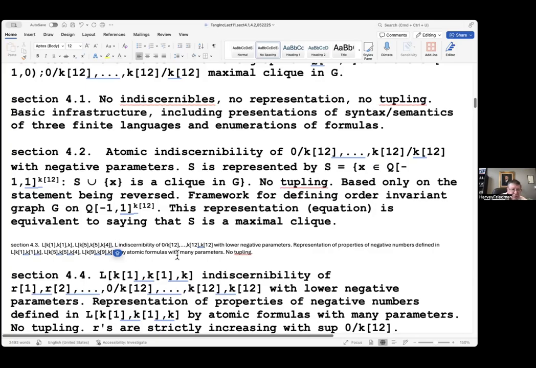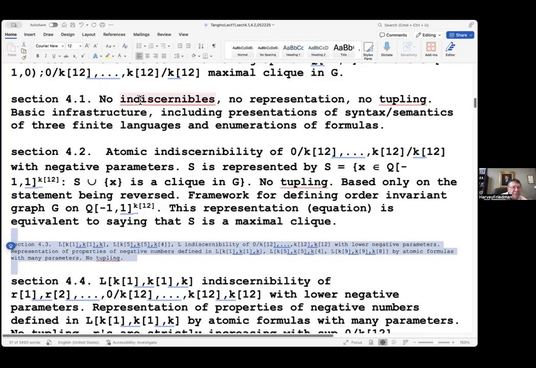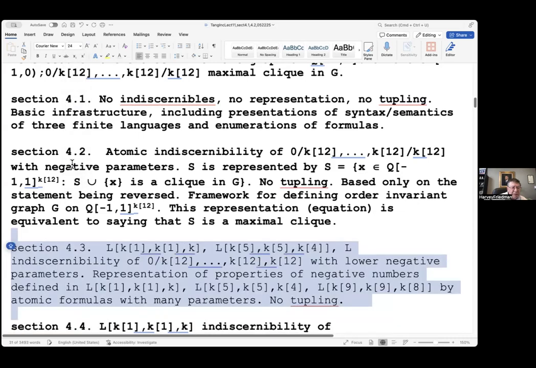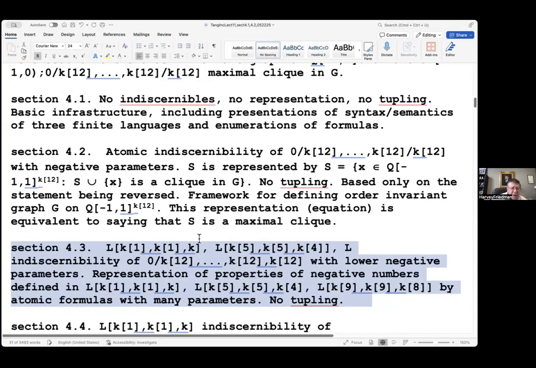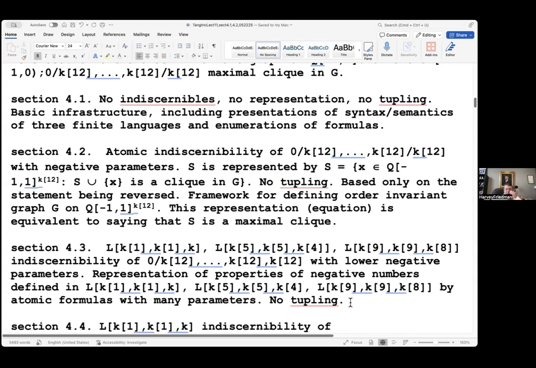In fact, let's fix it now. Oh, I'm not in. Just a second.